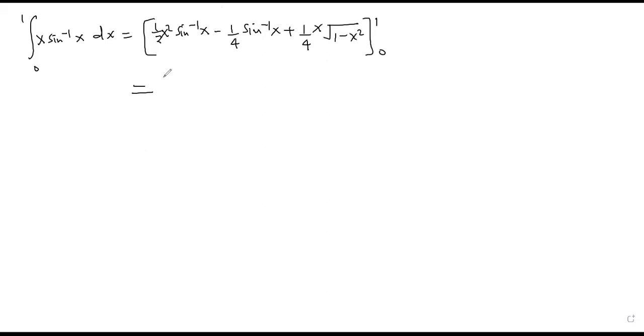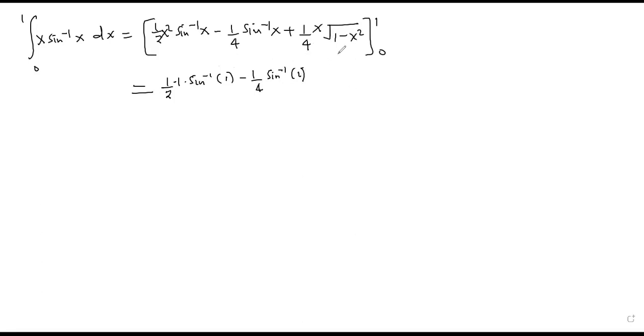It's going to be equal to, first put a 1, it's going to be a half times 1 times sine inverse of 1 minus a quarter sine inverse of 1. All right.